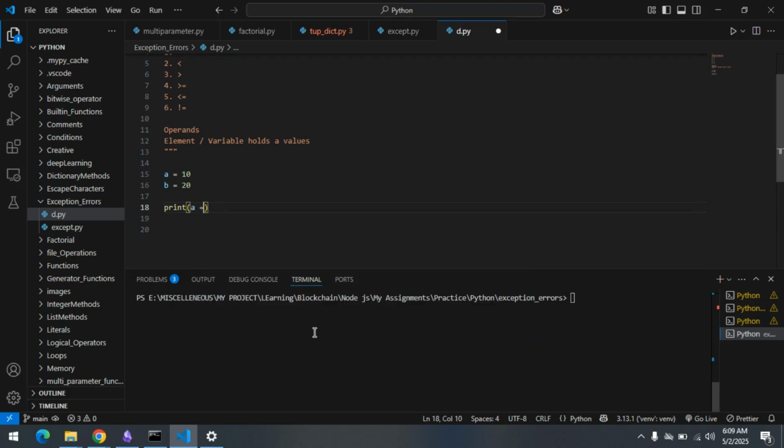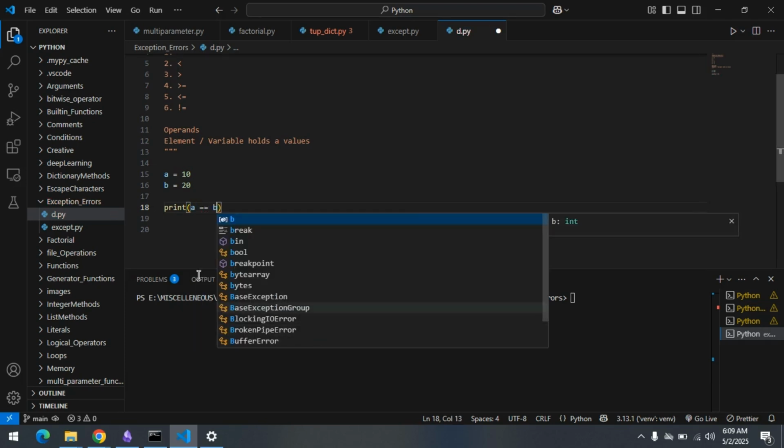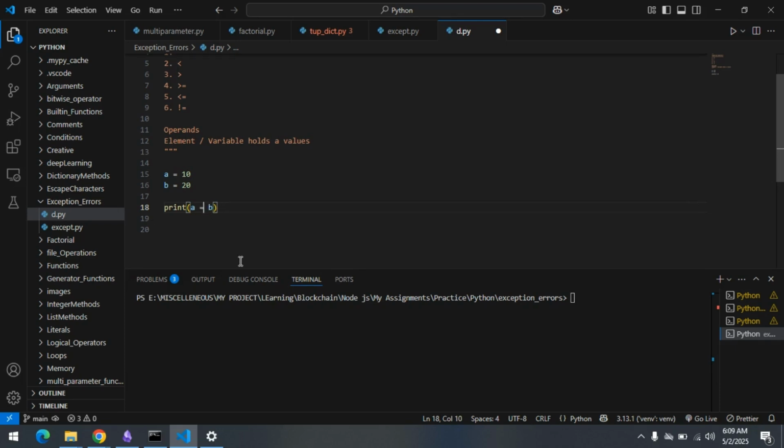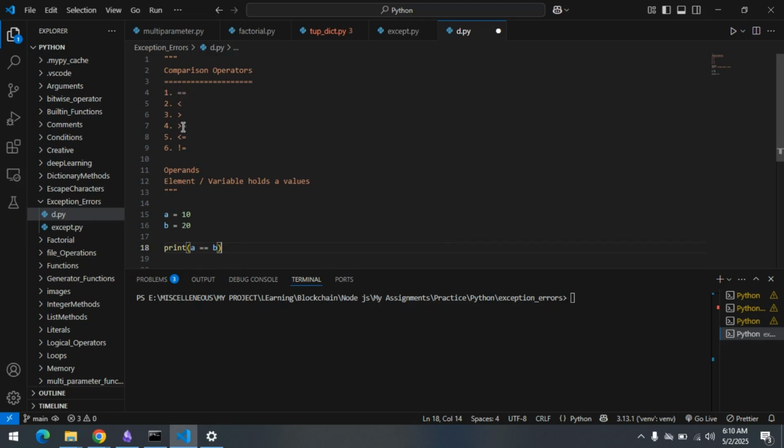Okay, A is equivalent to B. So when you use a single equal sign, what that does is that it assigns the value of B to A. But when you use it twice, it then checks the value of A with B. So it checks if they're both equal or not. If they're not equal, it will return a false. So the output of these comparison operators is always a boolean. It's either true or false.